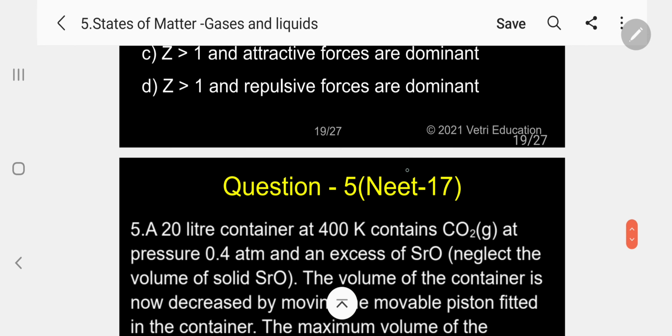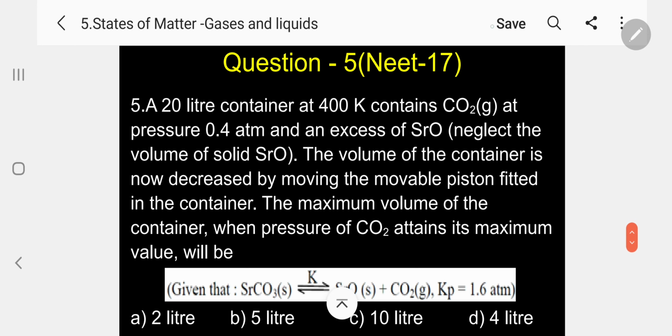So, next question. Question number 5, asked in NEET 2017. A 20-liter container at 400 Kelvin contains carbon dioxide gas at a pressure of 0.4 atmosphere, and an excess of strontium oxide, neglecting the volume of solid.